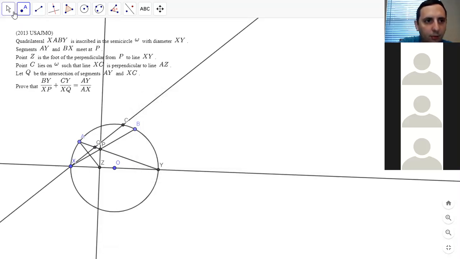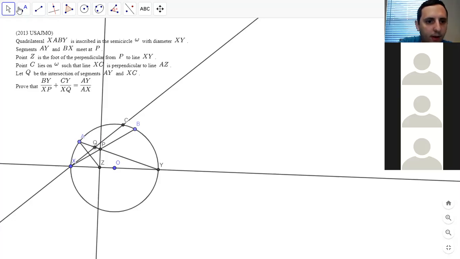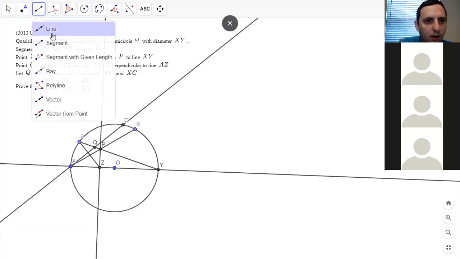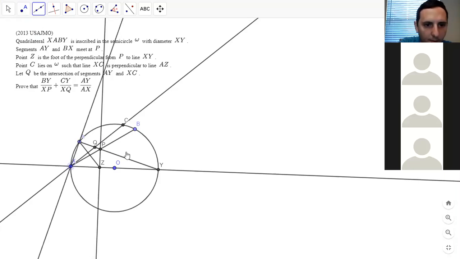So another algebra problem. I'm going to extend AX and BY, and then P is the orthocenter of that triangle.